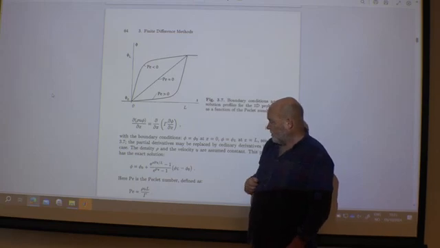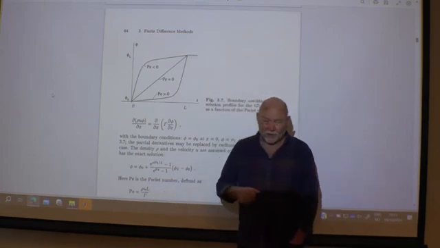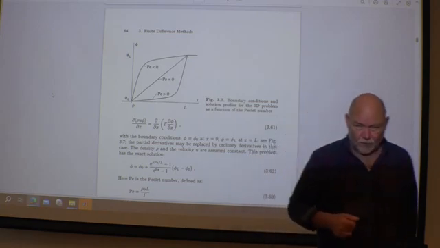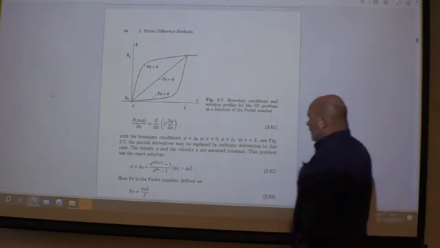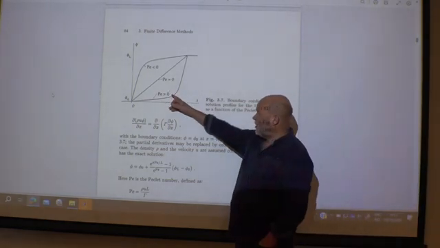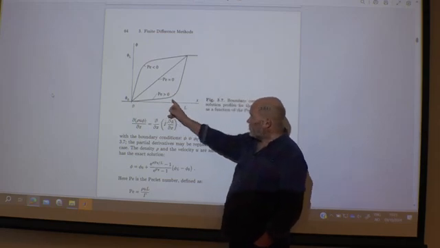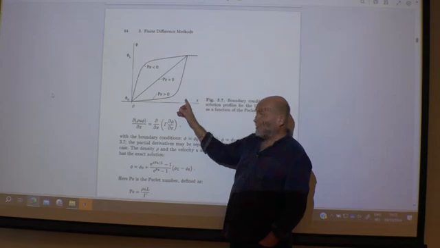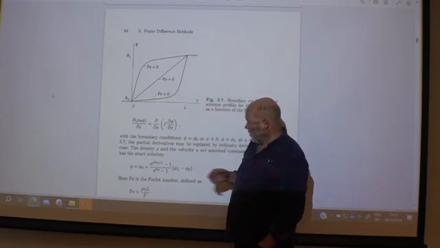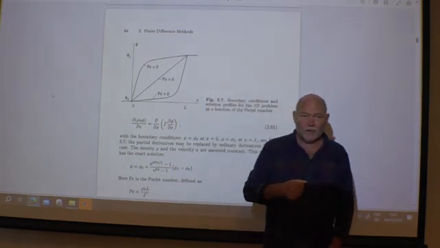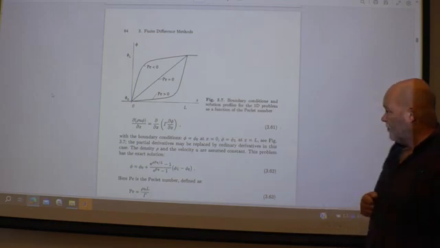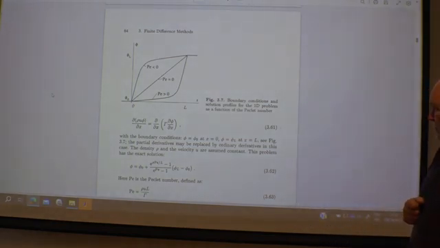We choose the little u here as a positive thing, then of course the Reynolds number is going to be positive. And it turns out the higher Reynolds number you have, the sharper this shoulder is going to be at location L. We have an analytic solution for this problem, so we have something to compare with. So that is quite nice.